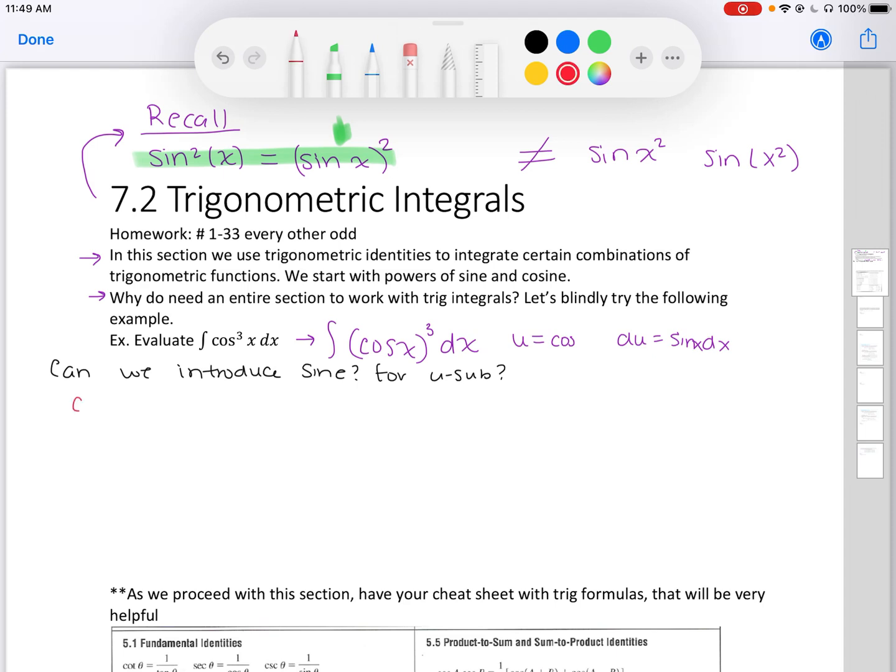Why don't we take our cosine cubed of x and split it into a cosine squared times cosine. Now, this way I can introduce a sine because I can use our Pythagorean identities. And remember that sine squared of x plus cosine squared of x equals 1. So I can replace cosine squared with 1 minus sine squared.